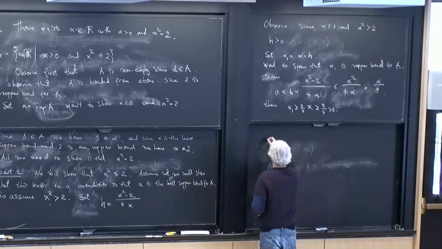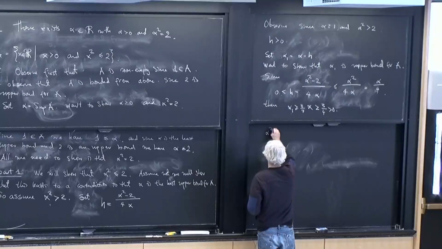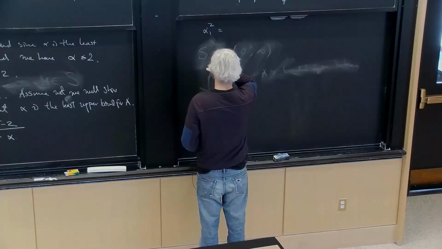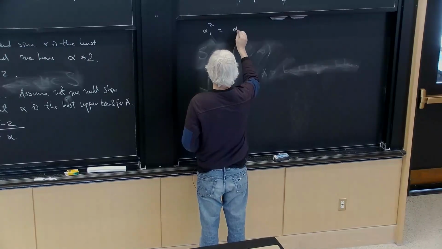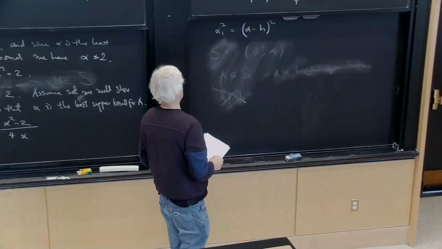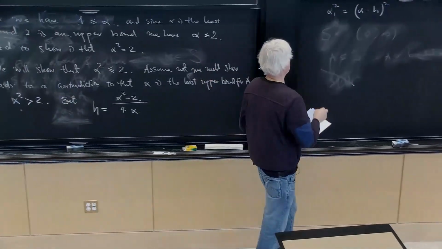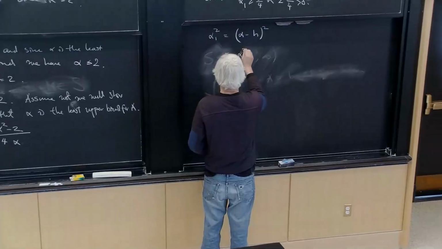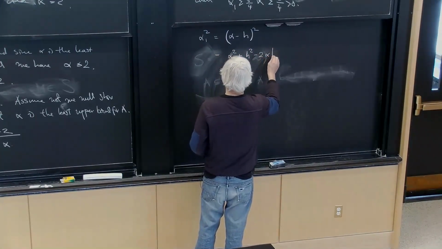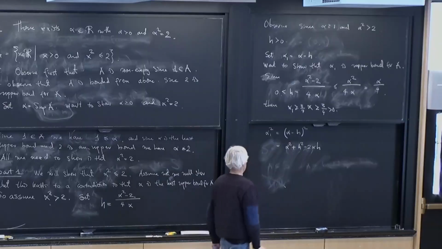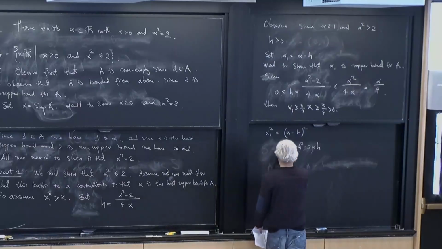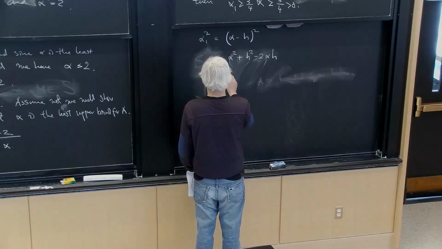Now I'm looking at alpha 1 squared. So alpha 1 squared is equal to alpha minus h squared. So this is equal to alpha squared plus h squared minus 2 alpha h. Okay? And this thing is less or equal to alpha squared.